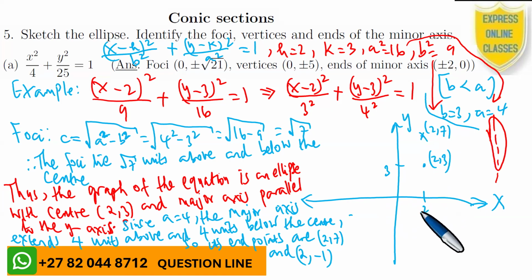And then 4 units down: this one is already 3 units, and then you must go 1 unit down. The X is 2, and then it's -1.